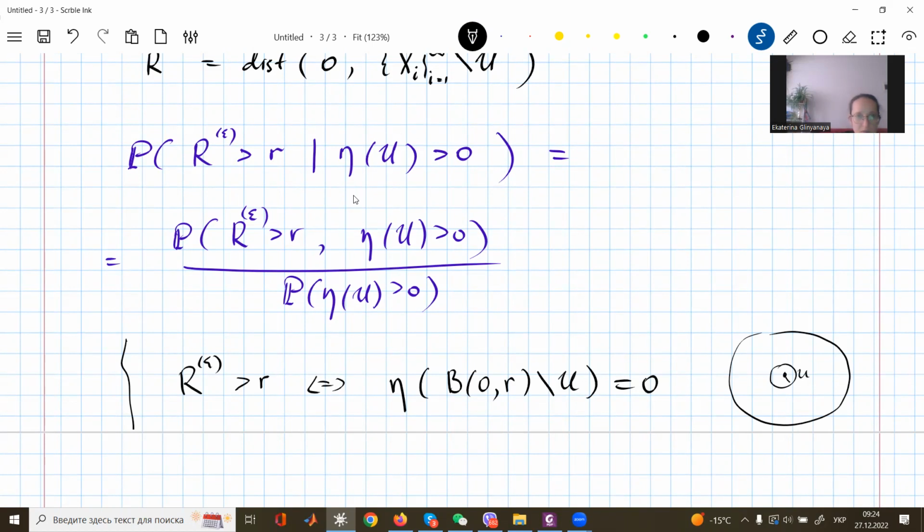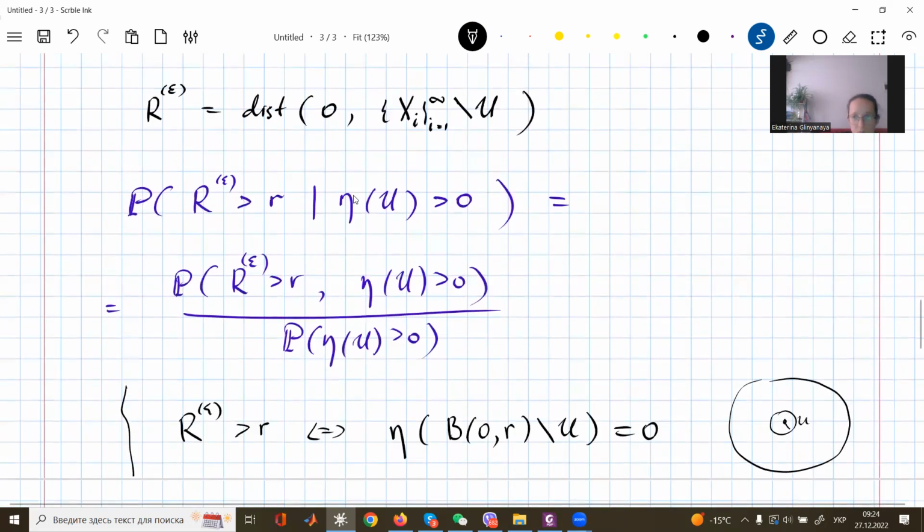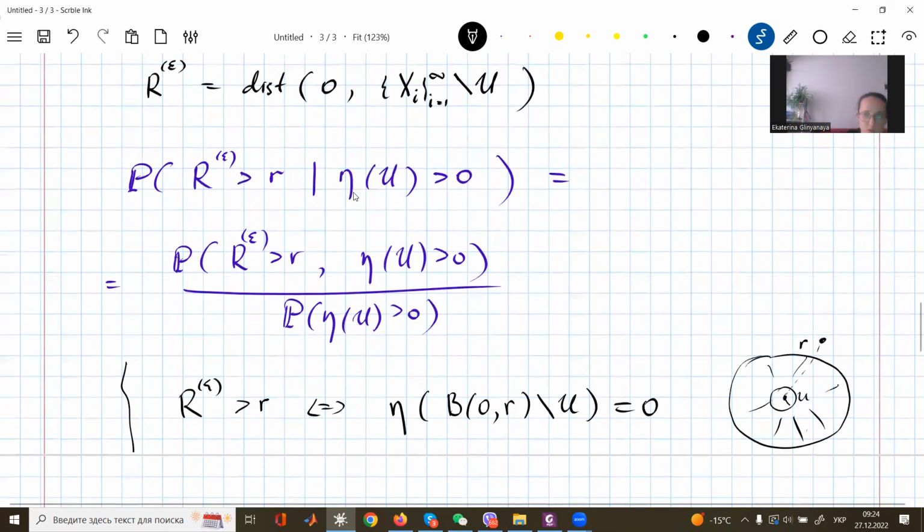This is the distance from 0 to some of the points, and I say that all points are at distance more than r. So inside here we do not have any point.